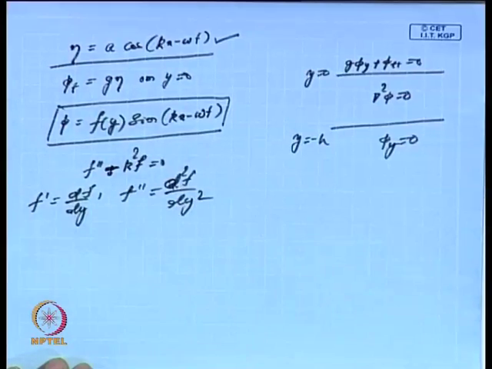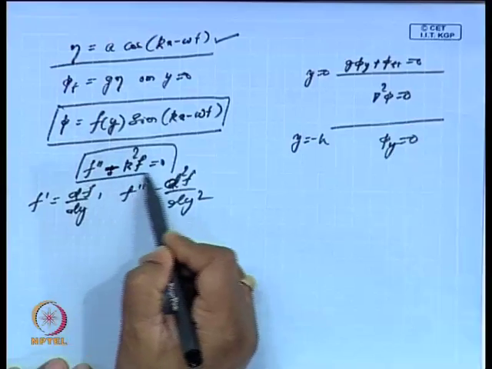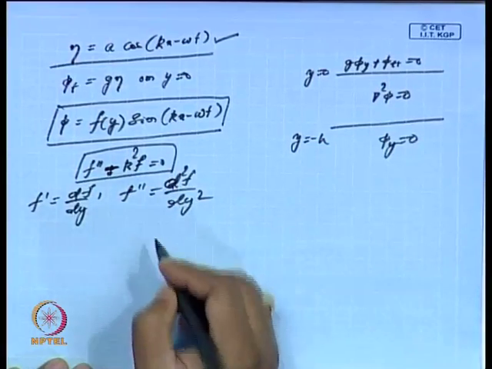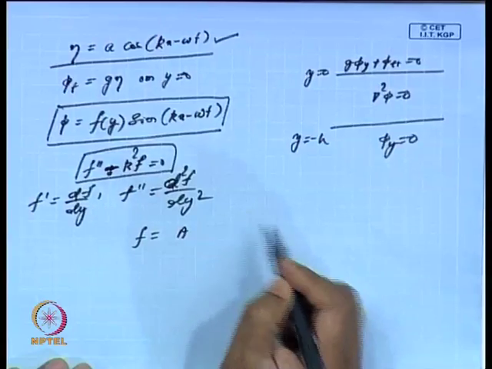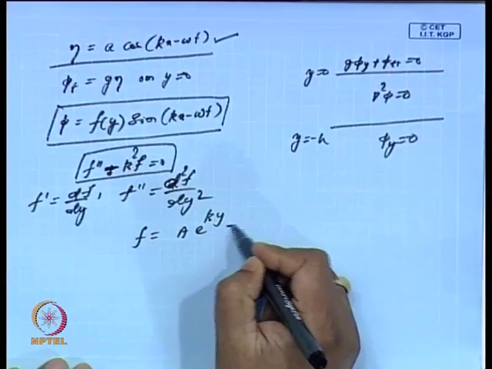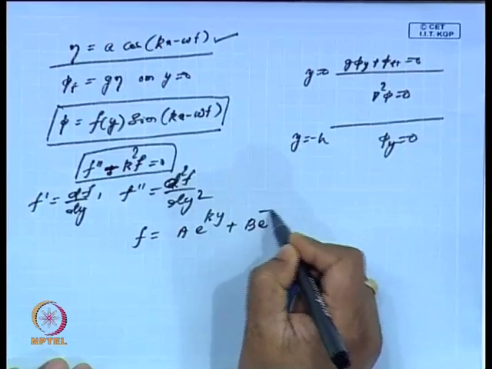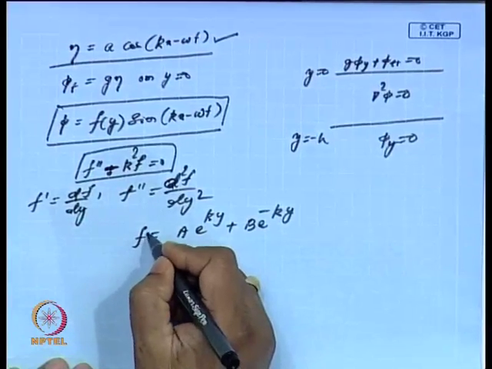So my f satisfies this equation. If f satisfies this, then f will be of this form: a e to the power k y plus b e to the minus k y, the general solution, and this will be my f(y).